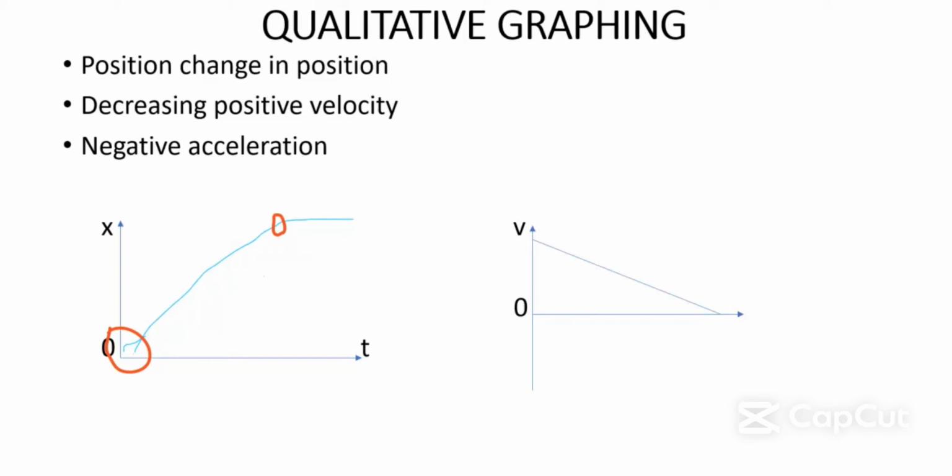And this positive change in position also indicates that it's on the positive side of the graph. Or here, in as much as it decreases, there's a change in the position, it still stays on the positive side of the graph. However, the change in this position that occurs this way also causes a decrease in positive velocity.